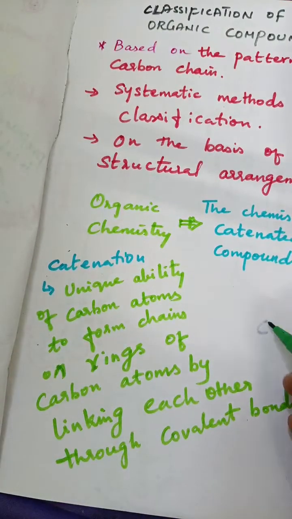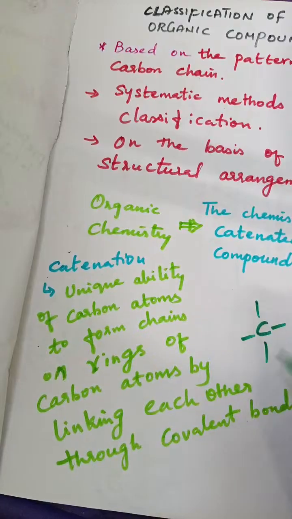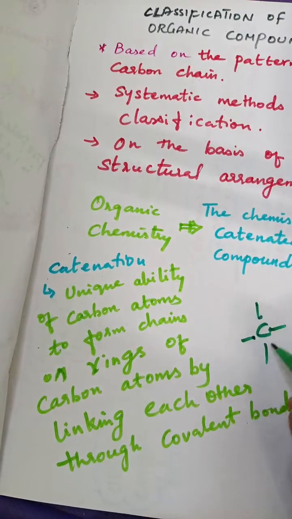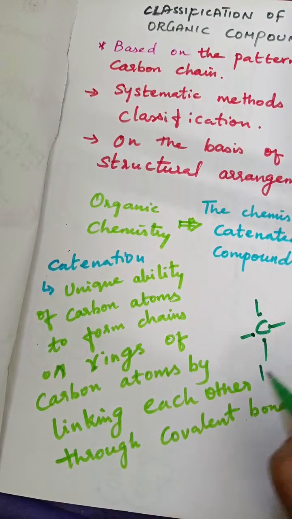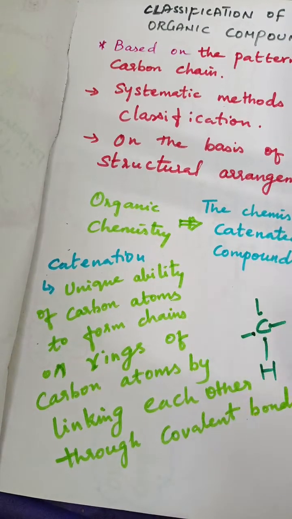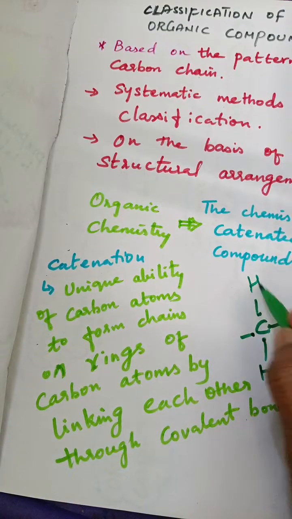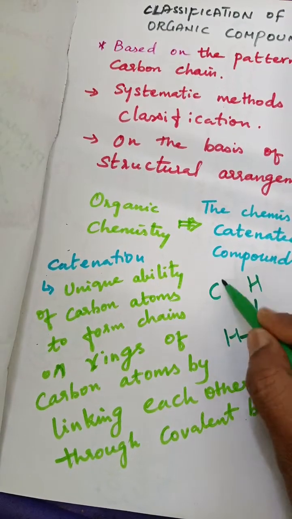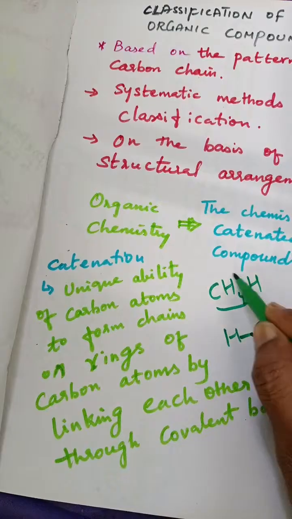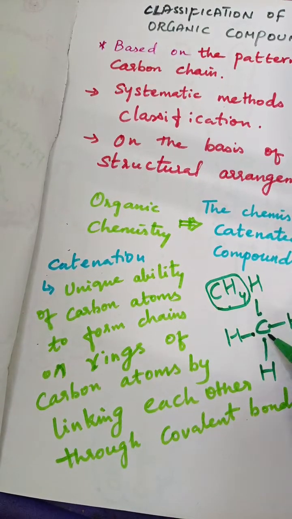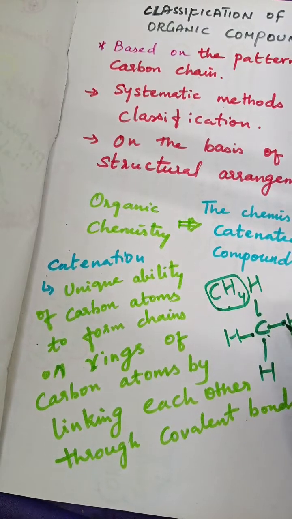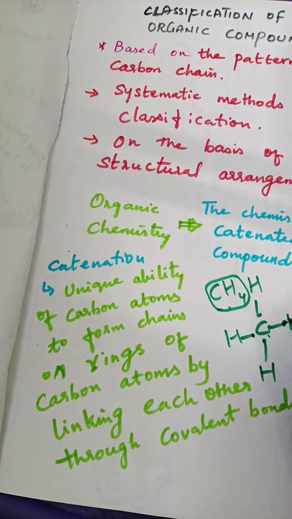So carbon has tetravalency. I told you it has 4 electrons in its valence shell. These 4 electrons are going to bond with other atoms like hydrogen. Say for example, methane. CH4 is the formula for methane. How is CH4 formed with carbon? Each hydrogen has one electron in its valence shell.